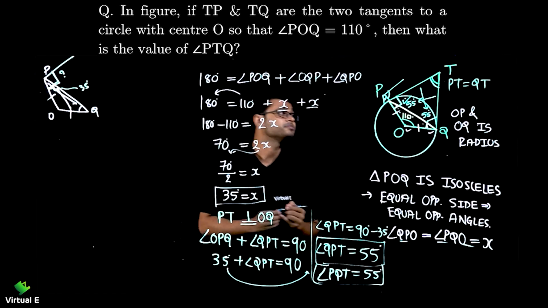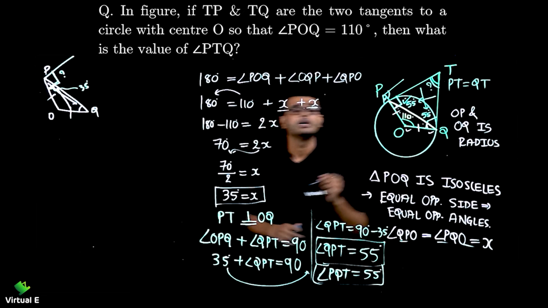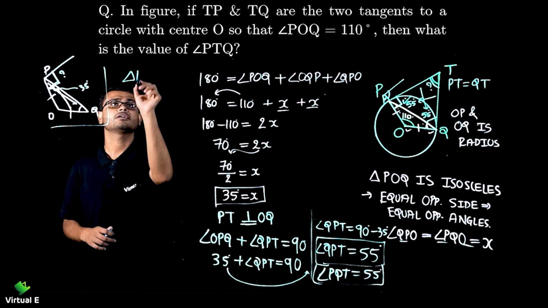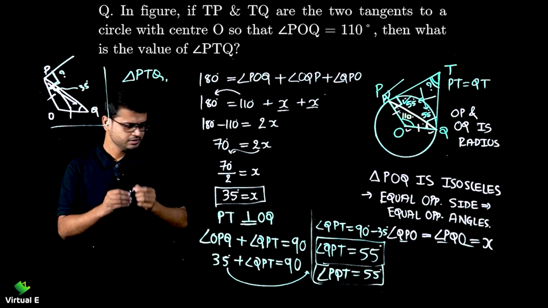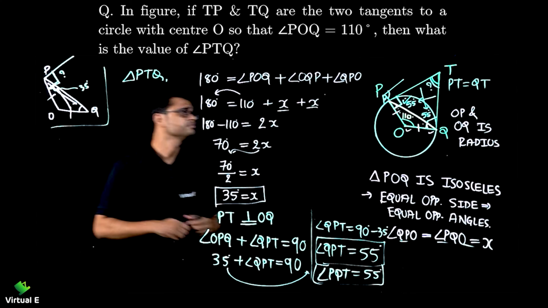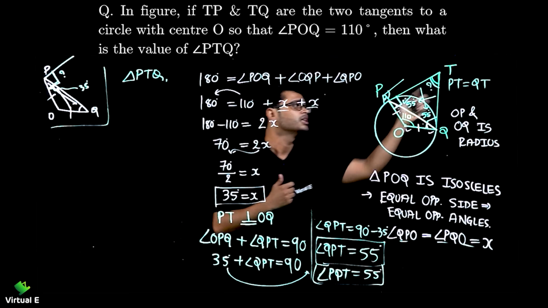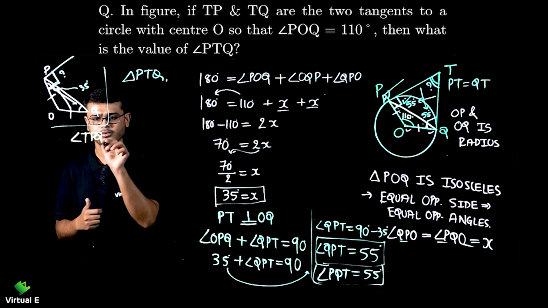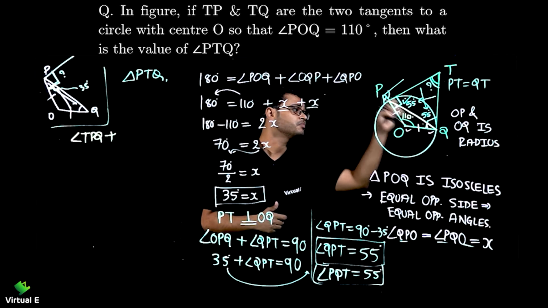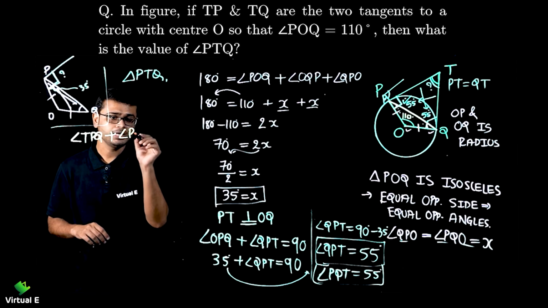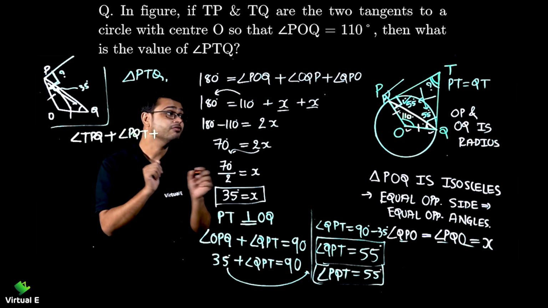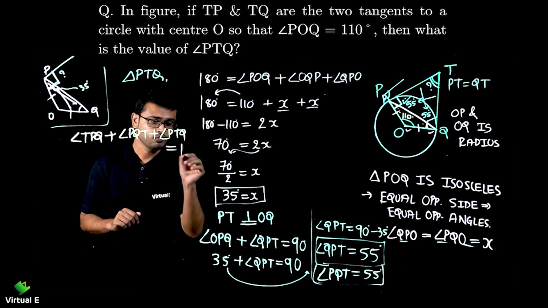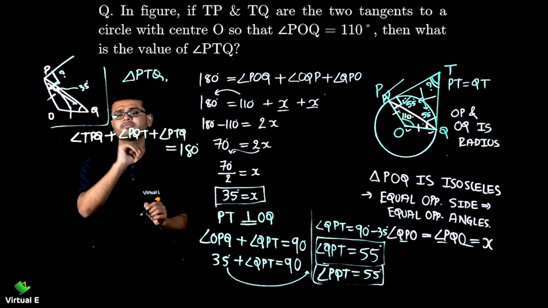Now let's find what we were waiting for, this angle. Now which triangle will I be taking? Triangle PTQ, right? Let's find the angle. So first of all, let's write the angle sum: angle TPQ plus this 55 degrees, which is angle PQT, and the angle that we want to find, PTQ, is equal to 180 degrees. Now let's substitute the values.